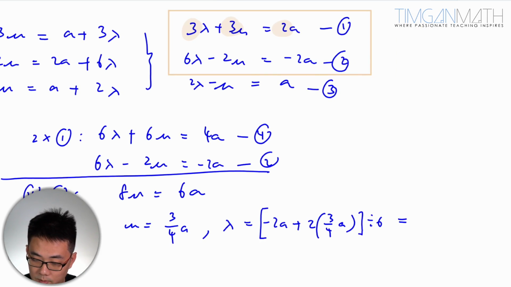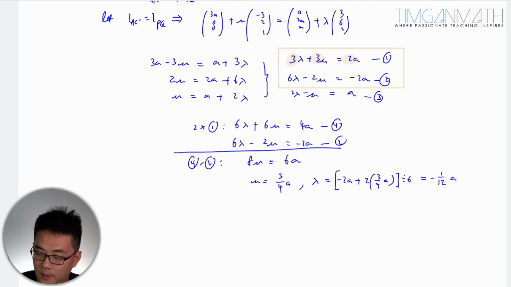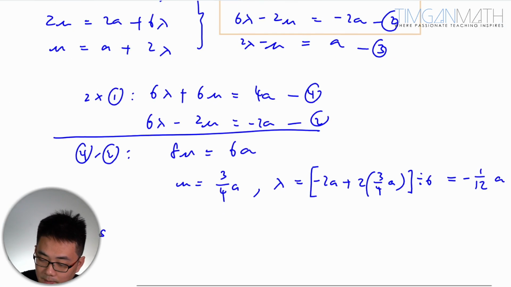Minus 2 divided by 6, that will give us lambda equals to negative 1 over 12a. So we just sub mu equals to 3 over 4 a and lambda equals to negative 1 over 12a.